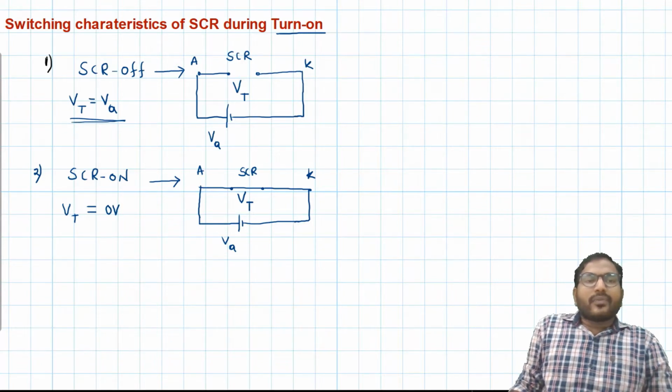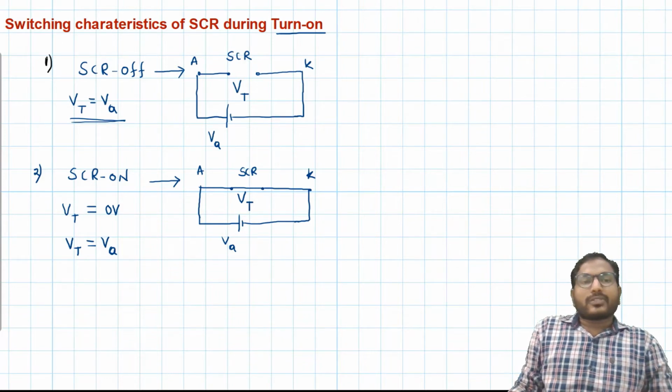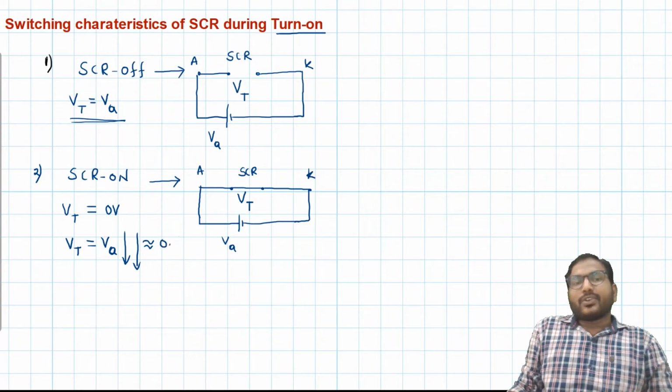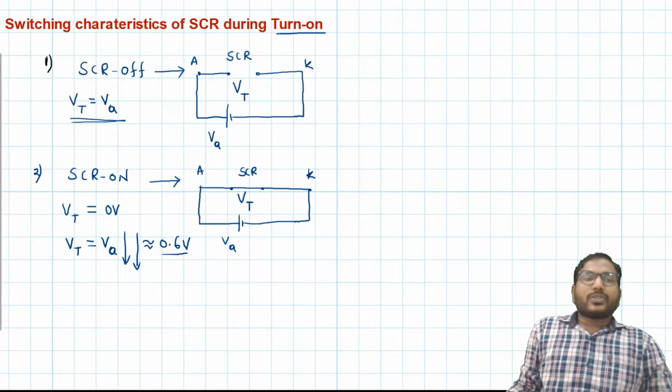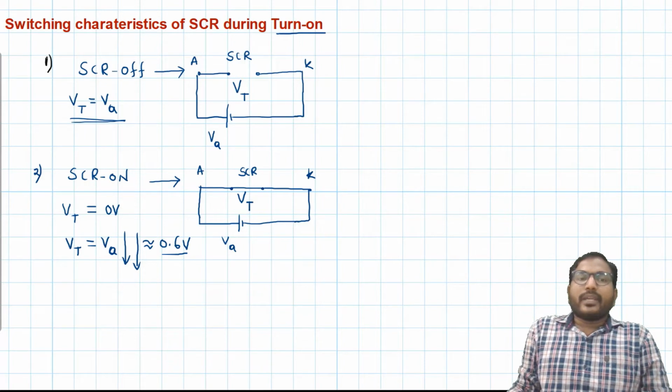So when SCR is conducting, the voltage drop across the SCR will decrease. It will be equal to 0, but practically 0.6 volts, depending upon the rating of the SCR. So the conclusion: when SCR is conducting, the voltage drop across the SCR will be decreased, approximately equal to 0.6 volts.